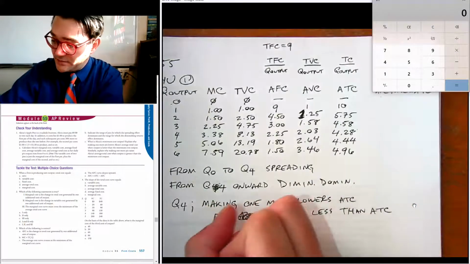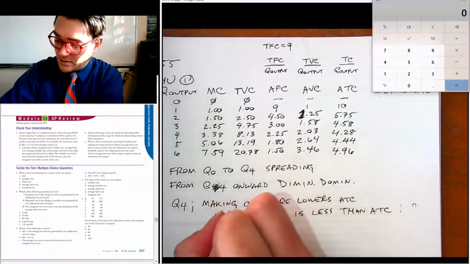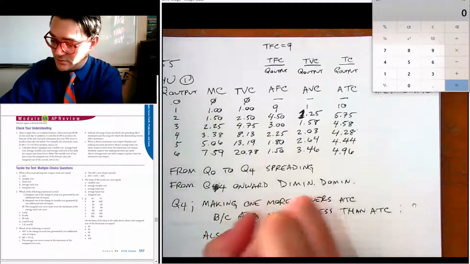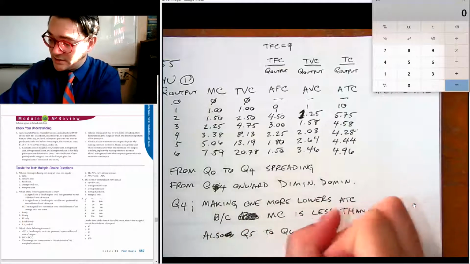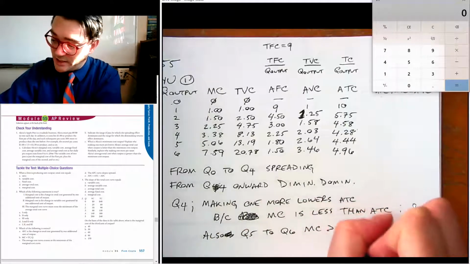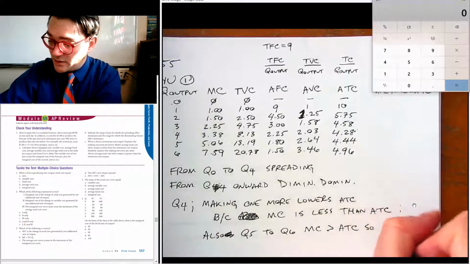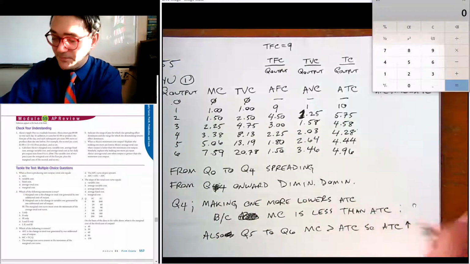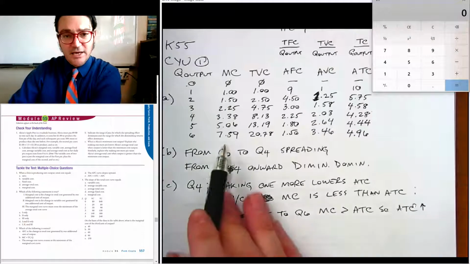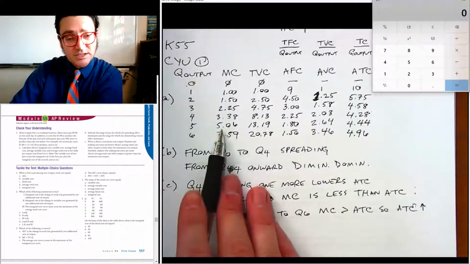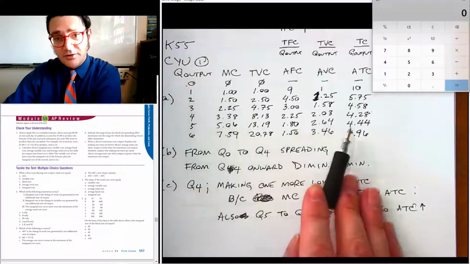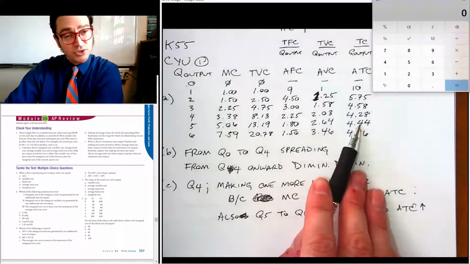On the other hand, from Q5 to Q6, MC is greater than ATC, so ATC rises. So it's the idea of saying, hey, once you've gotten into this range, especially pie 5 and pie 6, you can say 5, 6, well, that's bigger than the average, so it's going to bring the average up.